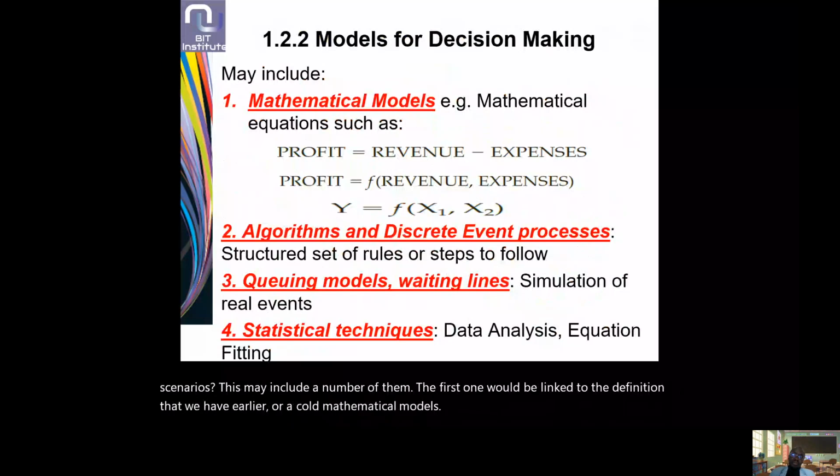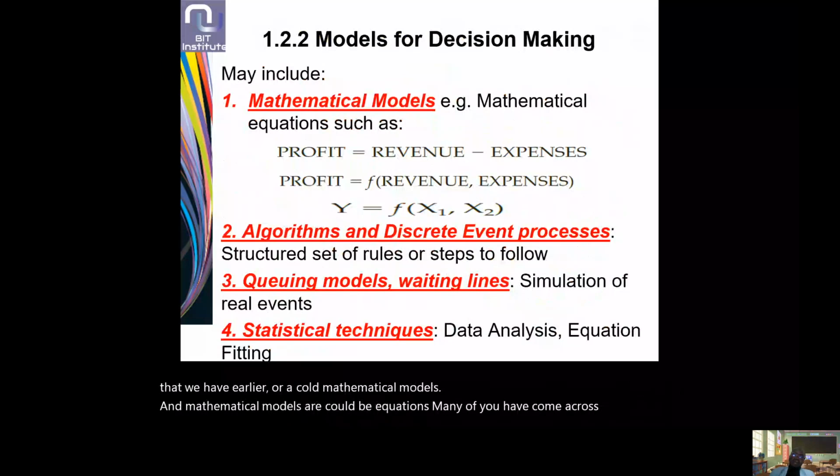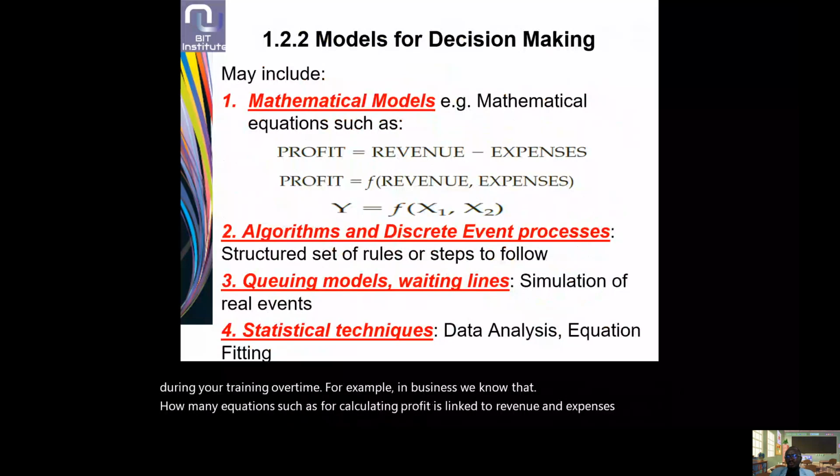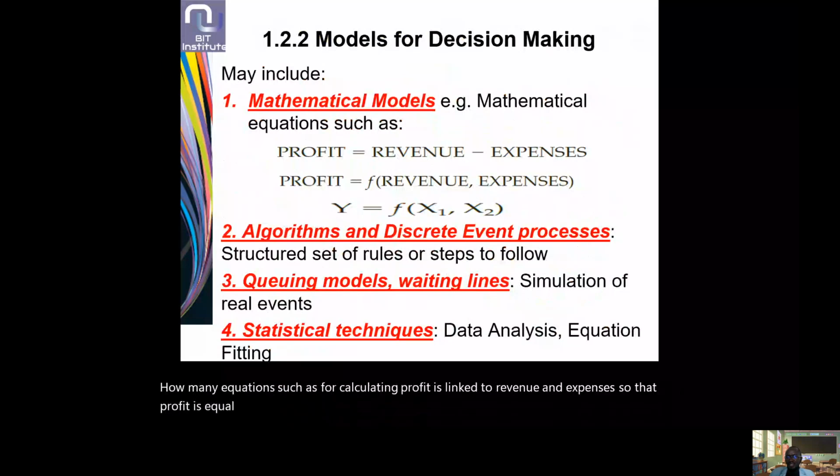And mathematical models could be equations. Many of you have come across equations during your training over time. For example, in business, we know that an equation for calculating profit is linked to revenue and expenses, so that profit is equal to revenue minus expenses.